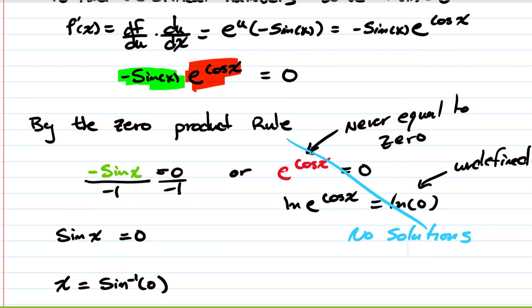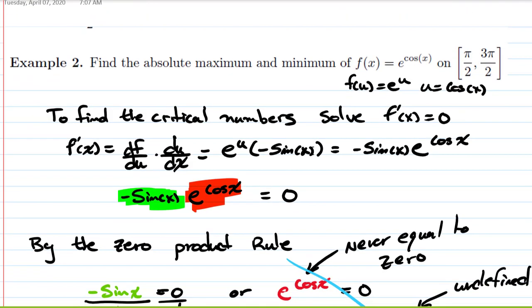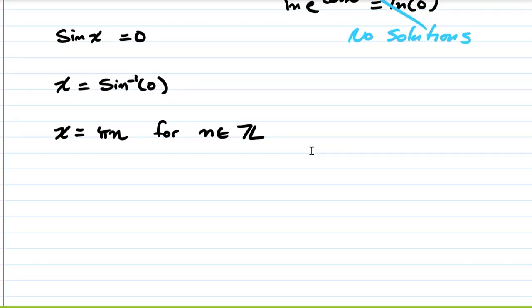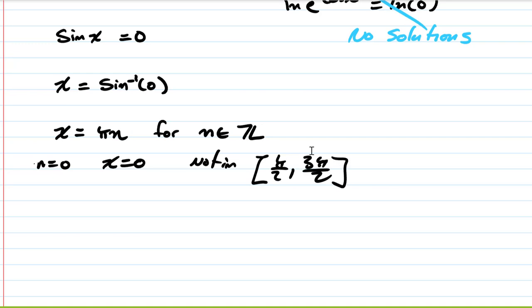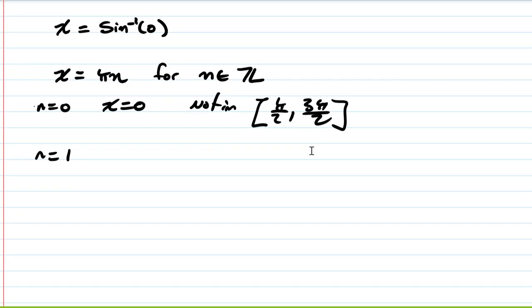But now, since we have a closed interval, we're only worried about solutions that are between pi over 2 and 3 pi over 2. So if we did n equals 0, we get x equals 0, which is not in pi over 2 to 3 pi over 2. If we do n equals 1, that gives us x equals pi.